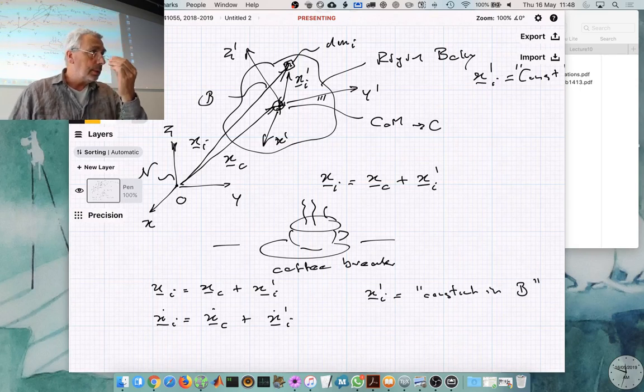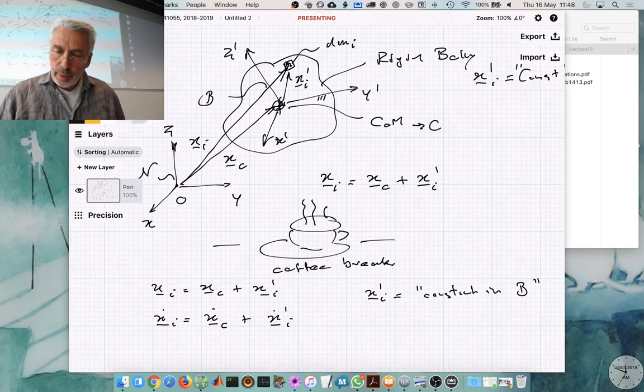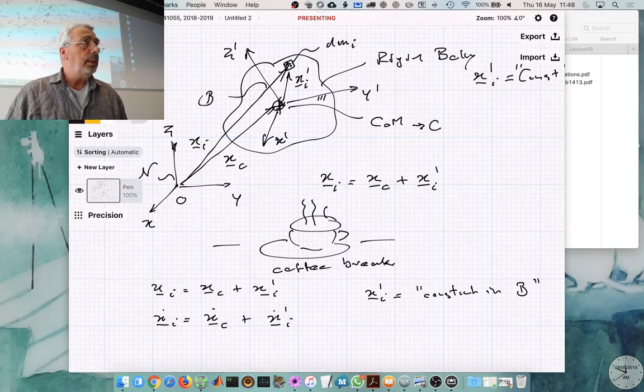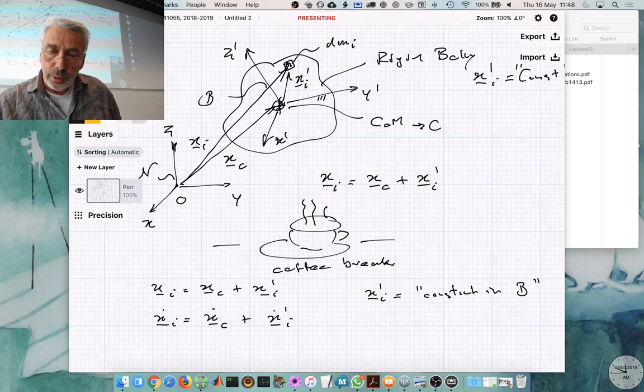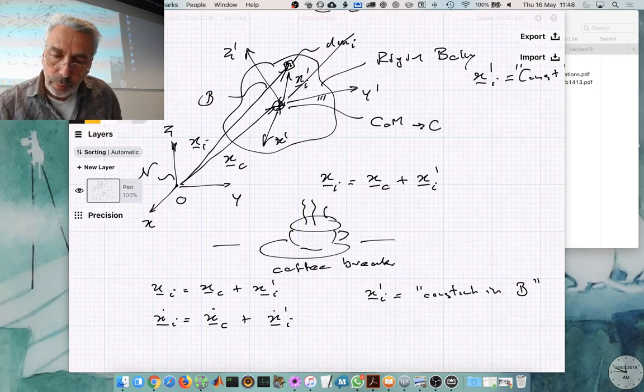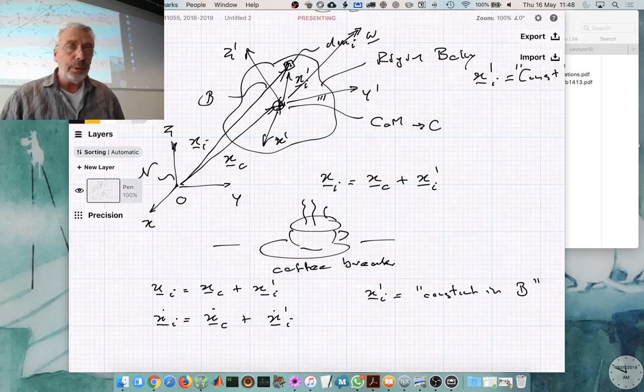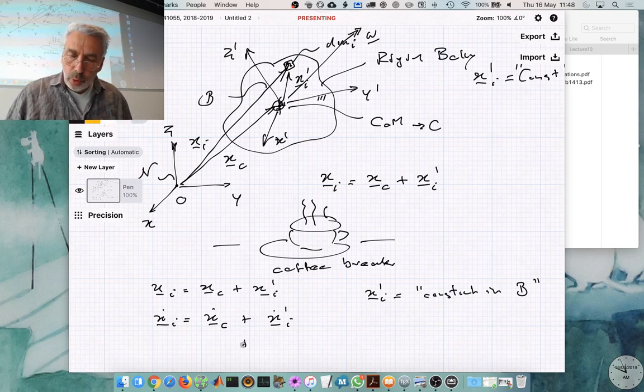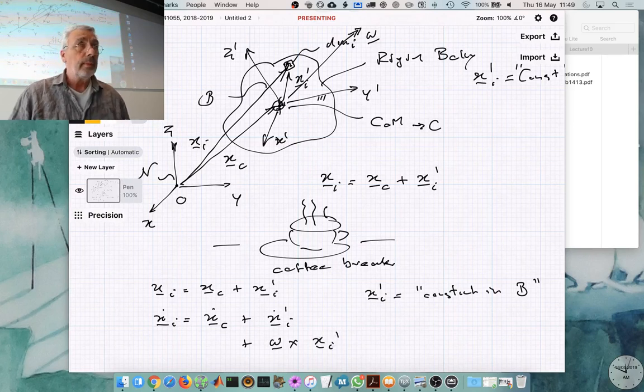Your nose stays relative to your head. We know what this speed is. It only can be because of the change in your orientation. And the change in your orientation, we sort of know from our other courses, we call that the angular speed. And the angular speed gives the change in your orientation with time. And then we know, oh yeah, that was omega cross x i prime. That was the way.